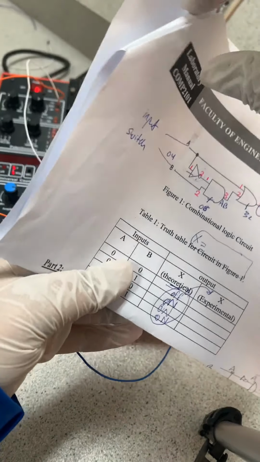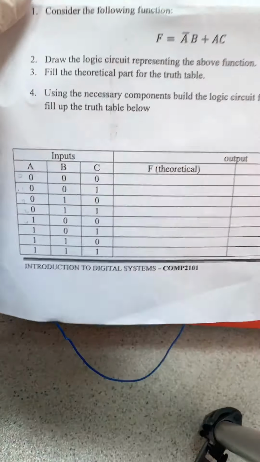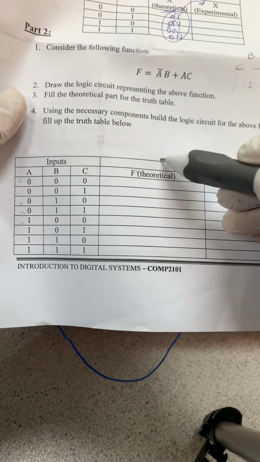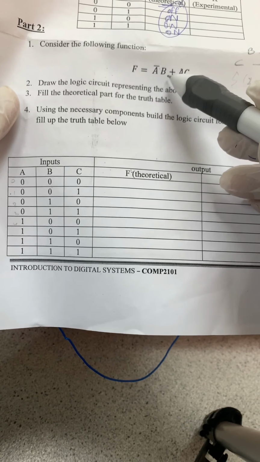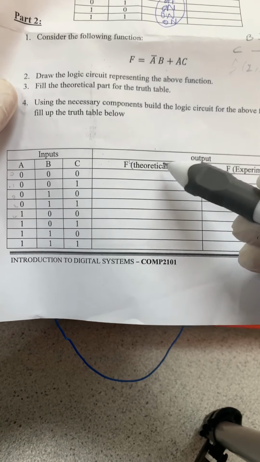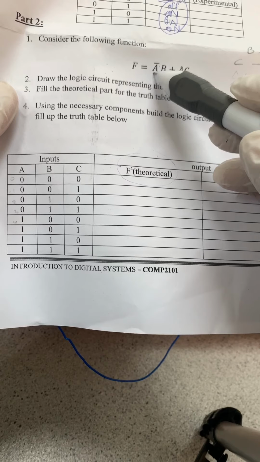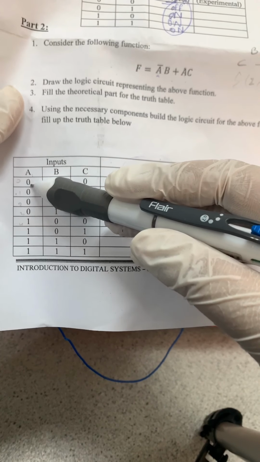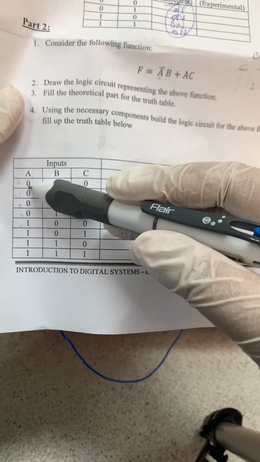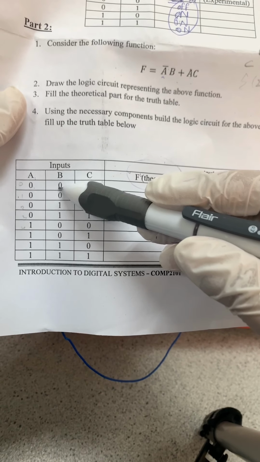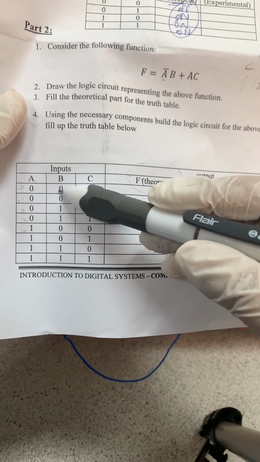For example, what is requested from you in part number 2. In part 2, they give you the function, which is A complement B or A C. They need from you, as a theoretical, to examine this one. You go for A complement; A is 0, so it becomes 1. 1 and B, which is 0, so 1 and 0 will be 0.